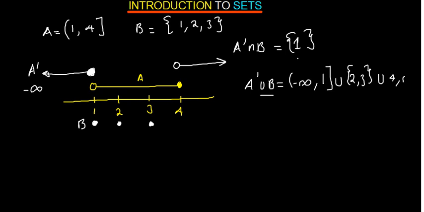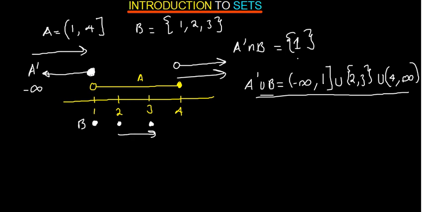But 4 is not part of the set, so it's going to be open. And then infinity is also open. So this is A complement union B. And make sure that you are writing them in order, starting with the smallest, and then you go to this, and then you write this. Don't confuse them. Write them in ascending order. Is this okay?